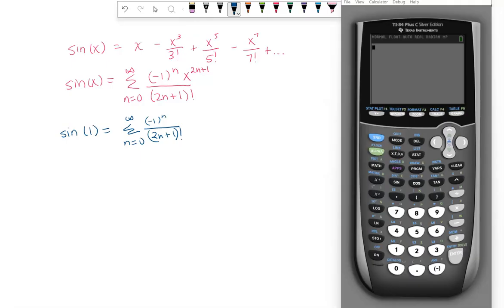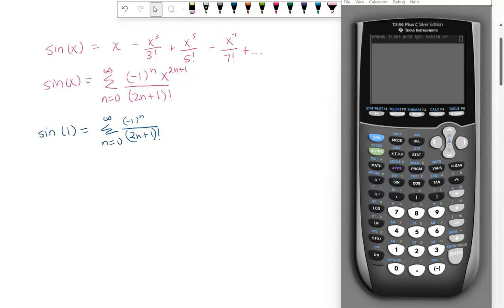So let's take a look at our calculator and figure out if this is actually true. So if we were to do a couple of these terms by hand, again, I'm going to use our polynomial expression up here. This would be just a 1 minus 1 cubed over 3 factorial plus 1 to the 5th over 5 factorial minus 1 over 7 factorial.